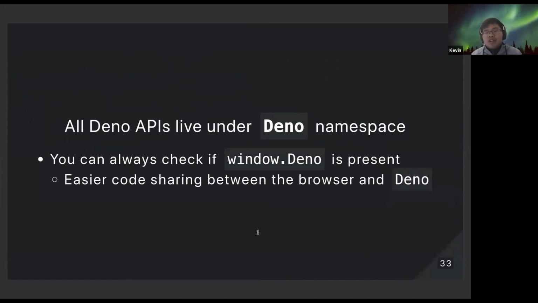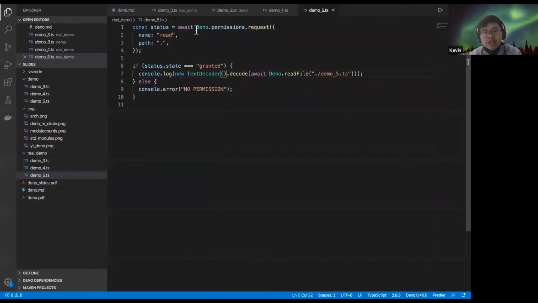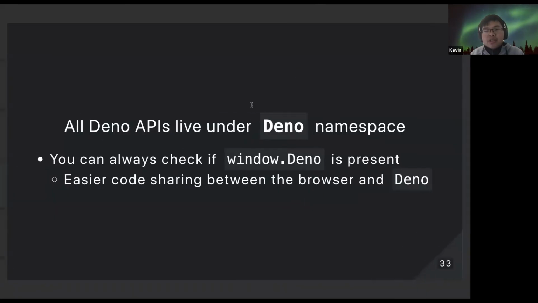One thing that is really interesting is that all Deno APIs are going to live under the Deno namespace. That is the reason why every time I was doing some API that requires things like the file system, you'll see it through Deno.readFile. Everything is under this Deno namespace. So you can always check if window.Deno is present to decide what behavior you're going to do.